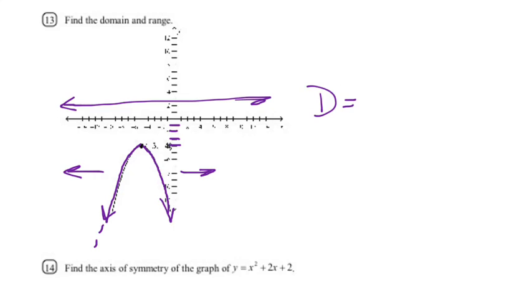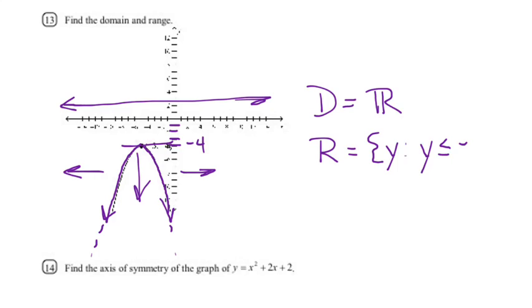These two branches always go down and out. So our domain is all real numbers, all the way in the negative x and all the way in the positive x. Our range, the y values, that's why I was looking for this negative 4. The highest the parabola goes to is negative 4, but it goes down forever. So we'd say the range is the set of all y values that are less than or equal to negative 4.